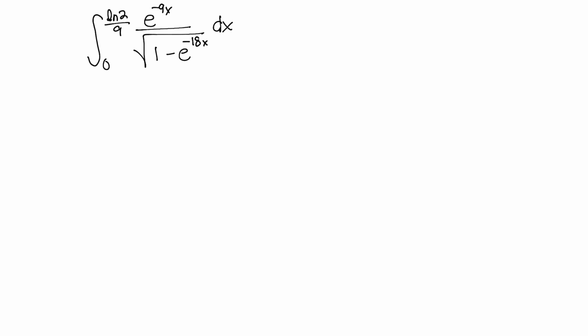Negative 9x squared, wouldn't that be positive 18x? No, because we have power rules. Thank you for asking that question, Munia. Guys, I gave you a hint that e to the negative 18x is e to the negative 9x squared.